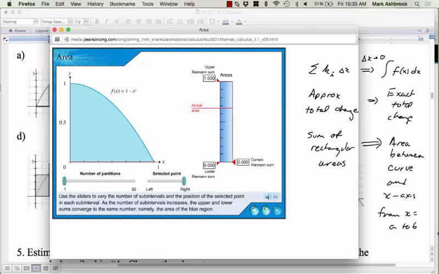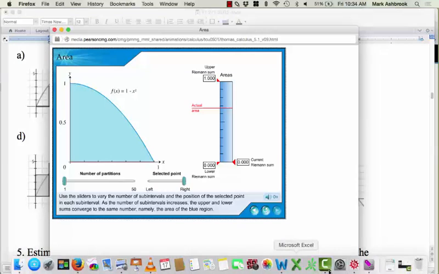Looking through the lens of rate of change is more meaningful, and that's the original purpose. But because we're in a rectangular coordinate system, we can look at it through the lens of area, and that's what we're going to do. Okay, any questions on that? So let's look at some examples here.